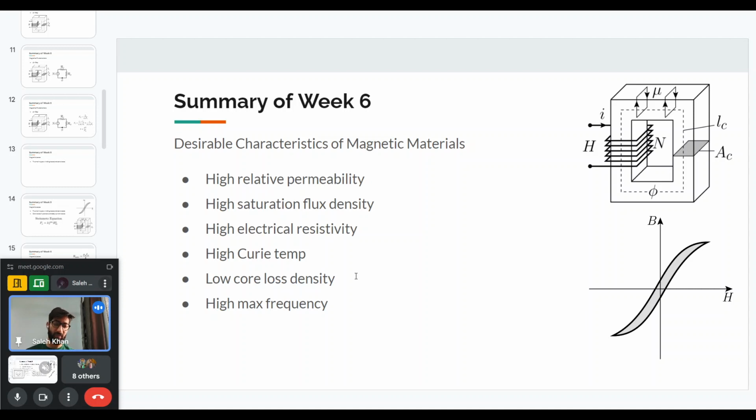But sometimes it is more important that the losses are dissipated as heat, and the heat increases the temperature, and that temperature rise can damage the device. For example, it can go near the Curie temperature, so it will stop behaving like an inductor.